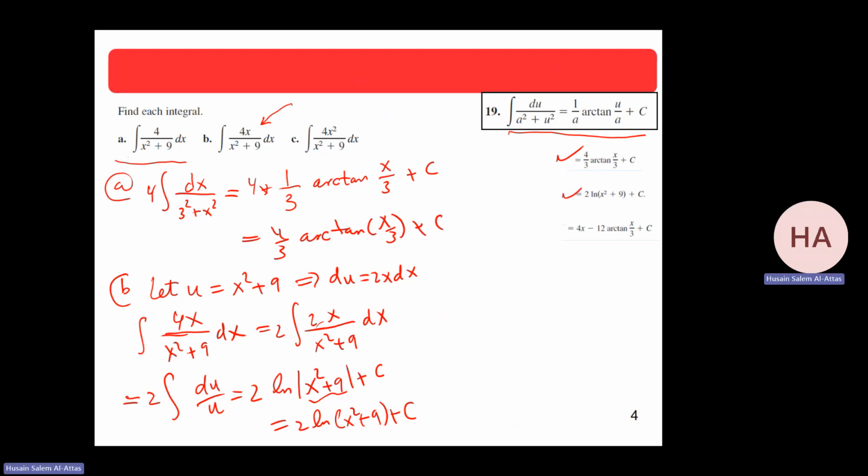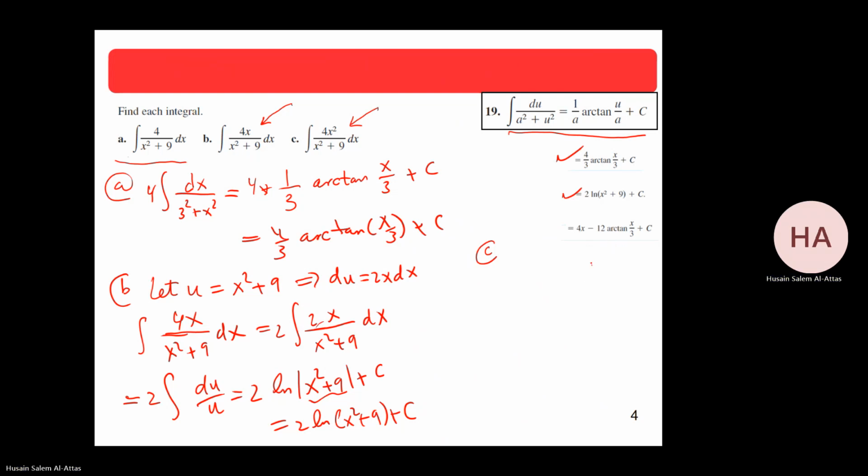The third case is where I have the same degree. The numerator degree is 2, and the denominator degree is also 2. So I need to do the long division. This is my first step. I can't do it with another trick, but let me do the long division.